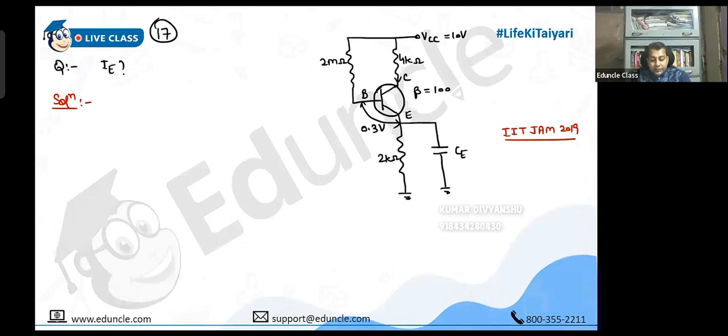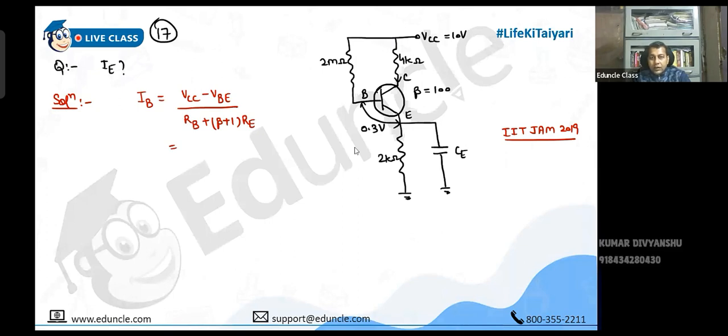Yes, Rishita. So this is a bias circuit with emitter resistor actually. So first of all, we need to calculate the base current. Yes, Akash, around near about that.